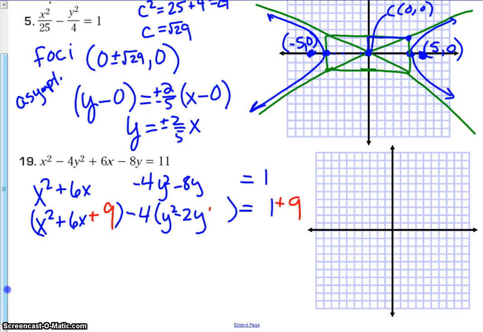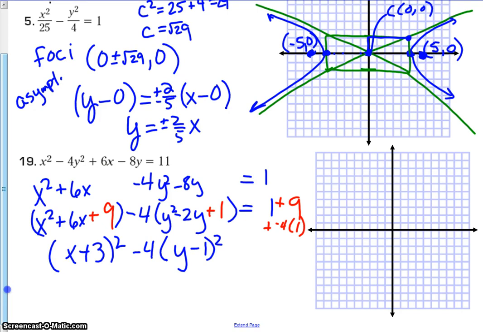Here I'm going to add 1 to both sides, but it's like -4 times 1. So this turned out to be x plus 3 quantity squared, and then we have the 4 times y minus 1 quantity squared, and it's equal to 10 minus 4, equal to 6. So divide everything by 6.